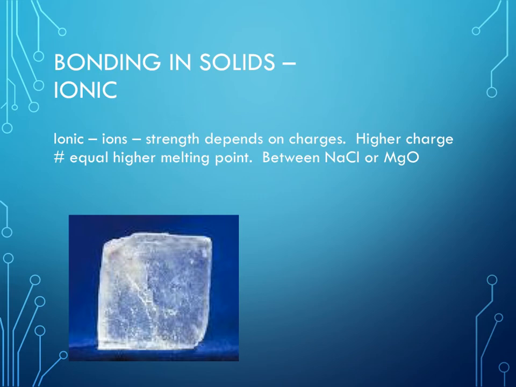Third are ionic compounds, and this is composed of ions, and this will depend on the charges. So if you have a choice between NaCl, Na is +1 and Cl is -1, and if you were comparing that with a compound of magnesium, Mg, which is +2, and oxygen, which is -2, the higher charge would give you a higher IMF and therefore a higher melting point.